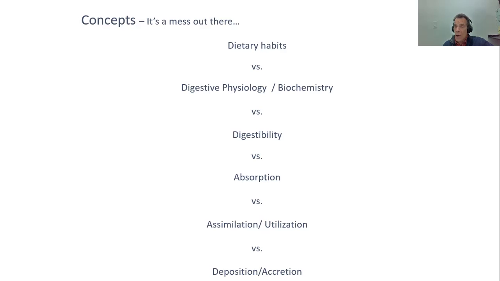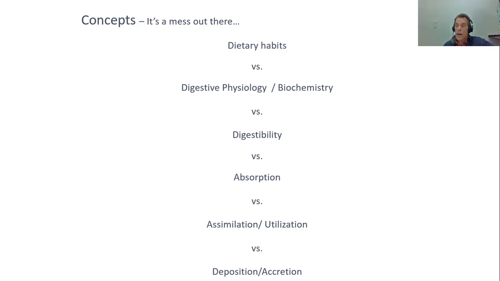Now, I also often see that people mix up digestibility and assimilation. Assimilation is a process of utilization that implies the digestibility, absorption, and utilization of the nutrients by the animal. So assimilation or utilization is a lot more complex than digestibility and should not be mixed up, because in the end assimilation or utilization involves several other processes.